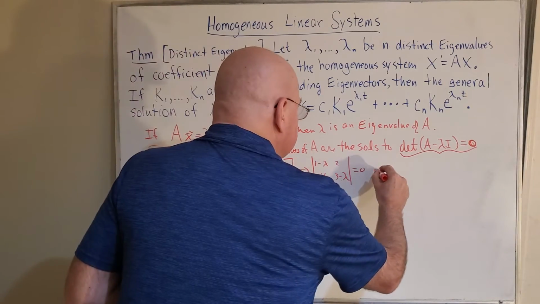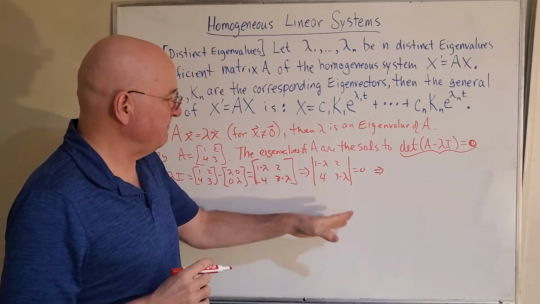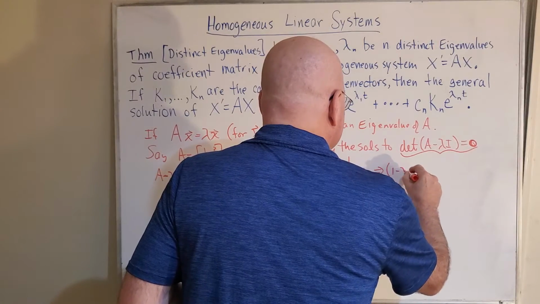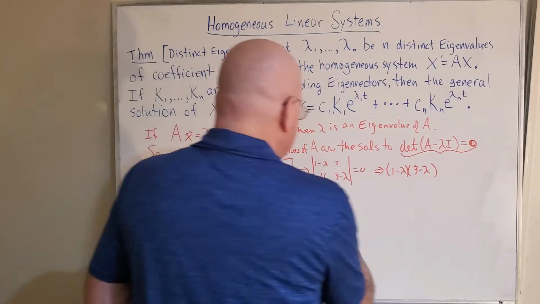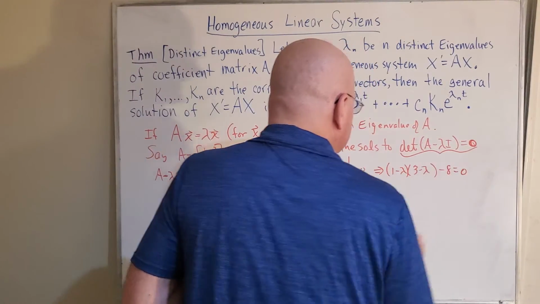Well, how do you get the determinant of a 2 by 2? You take this product minus this product. So we get 1 minus lambda times 3 minus lambda minus 2 times 4, which is 8, equals 0.